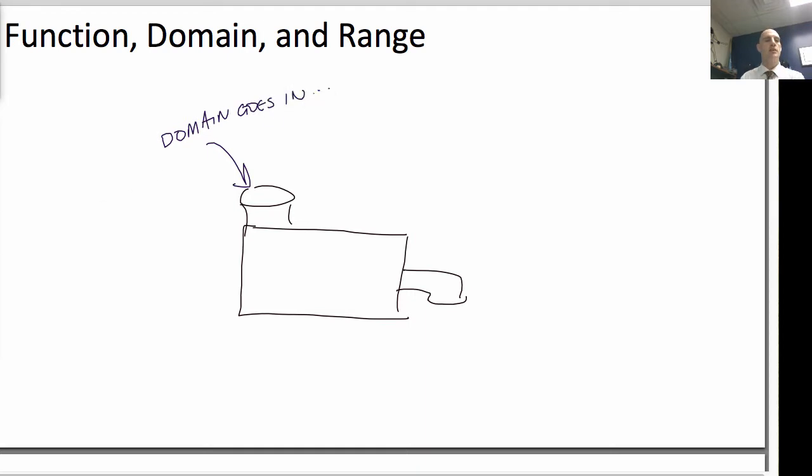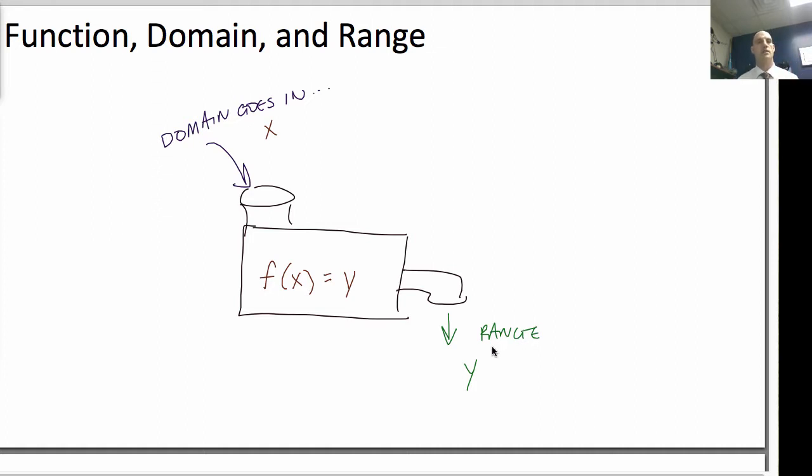So the domain goes into the function, and typically this is our x. So f of x equals y. So when we do this function to x, we get y. And the thing you need to remember is what comes out is y. Okay, so this is the range.